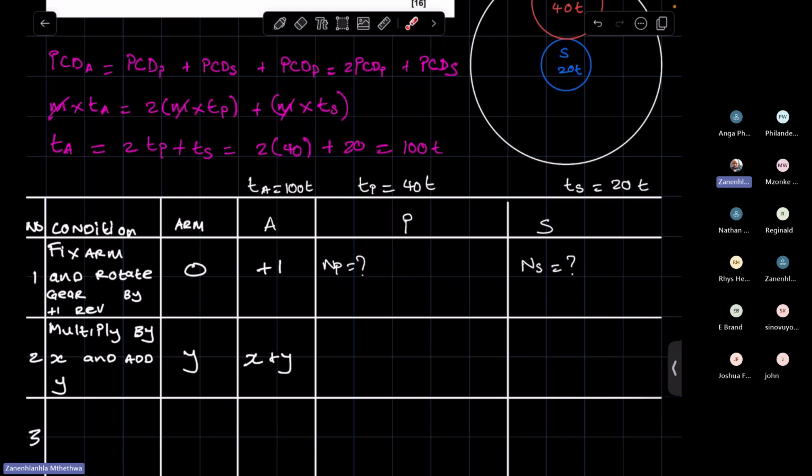Remember that the capital letter N stands for the rotational frequency. So you're trying to get the rotational frequency of the planets as well as the rotational frequency of the sun gear if the arm is fixed and the annulus has been rotated by 1 revolution clockwise. Are we clear?